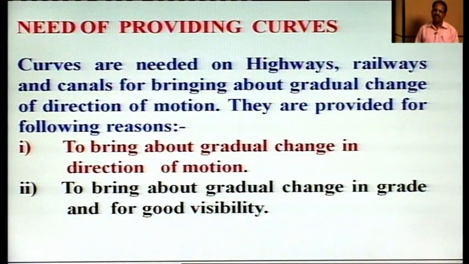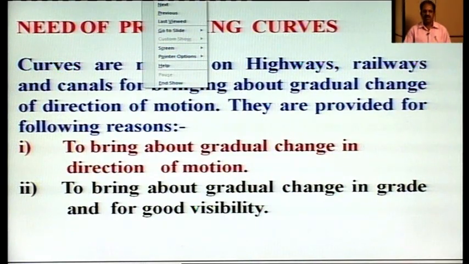So, why do we provide the curves? This is the need of providing curves. The curves are provided on highways, railways and canals for bringing about gradual change of direction of motion. They are provided for the following reasons.